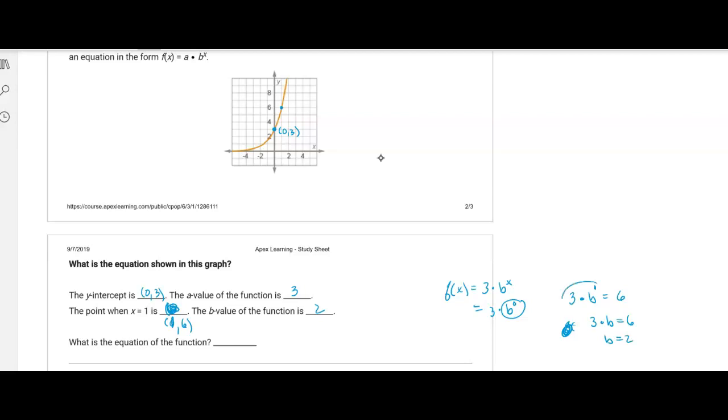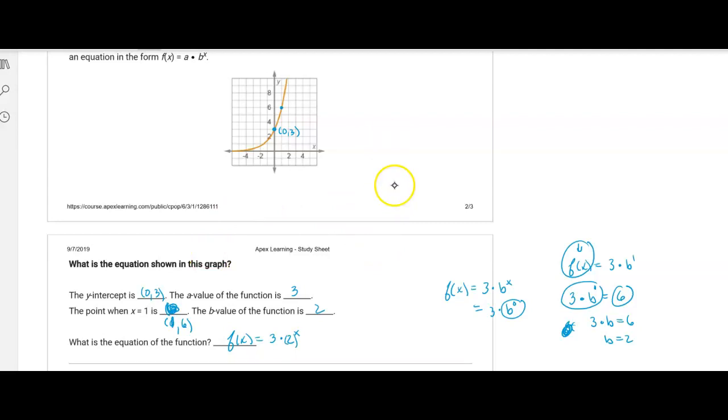Okay, so again, where do I get this? We know f of x equals 3 times b to the first power. But what is the y value here? The y value is 6, so I'm able to set up this equation to solve for b. So the equation of this function would be f of x equals 3 times 2 to the x power.